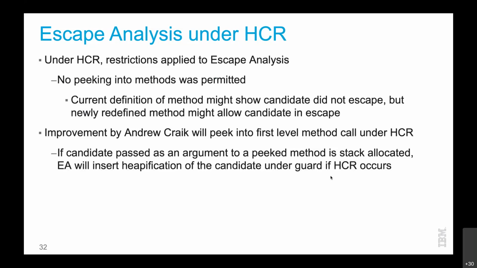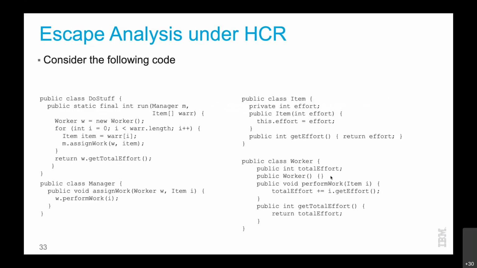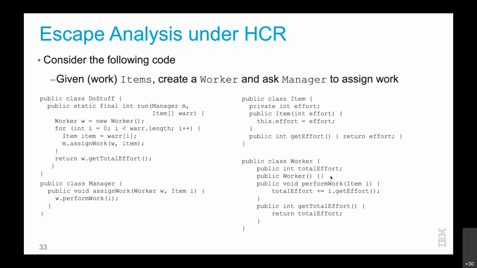So if a candidate object is passed as an argument to a peeked method and is stack allocated based on that, escape analysis will insert a heapification call that's guarded by a check of whether HCR has occurred. I'll walk through this example to illustrate a little more closely what that means.